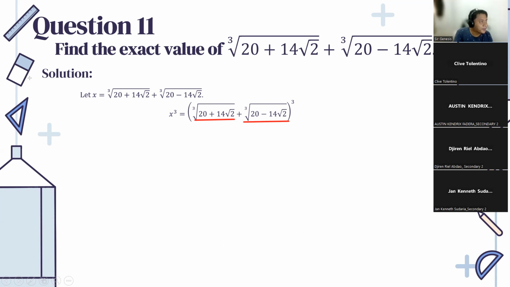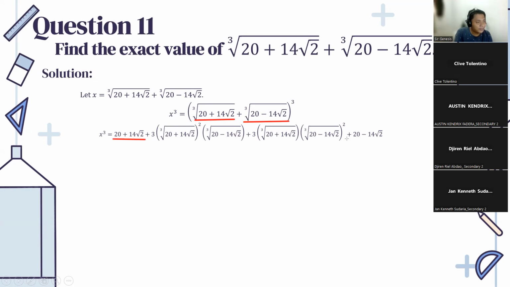So we have x cubed is equal to, okay, this one. Since we have 20 plus 14 square root of 2 and 20 minus 14 square root of 2, for this one, now we are left with the other two expressions.